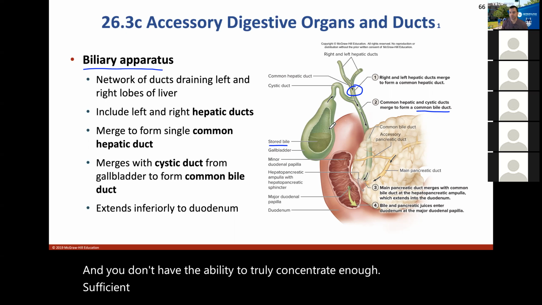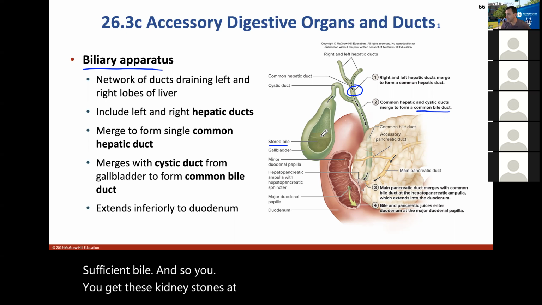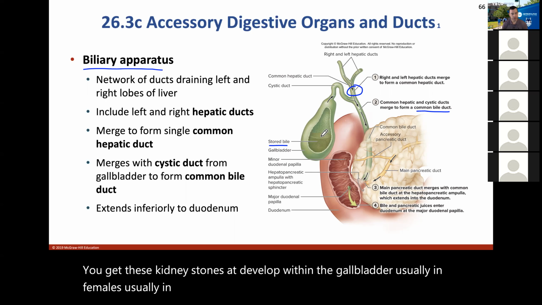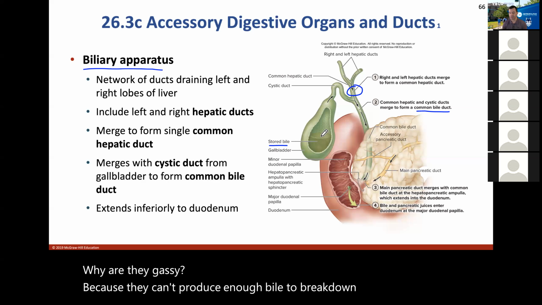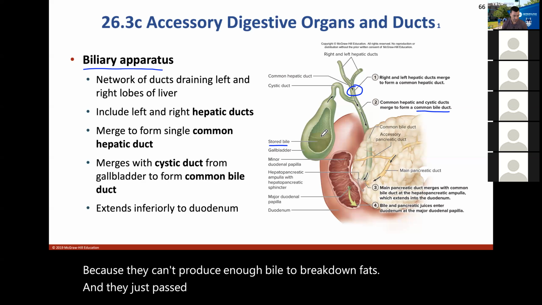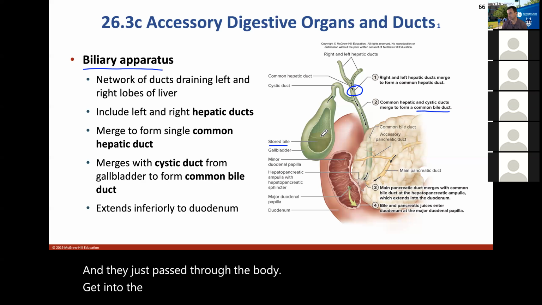And so you get these stones that develop within the gallbladder, usually in females, usually in their 40s, usually overweight, and usually very gassy. Why are they gassy? Because they can't produce enough bile to break down fats. And the fats just pass through the body, get into the large intestine, and then, yeah, gas.